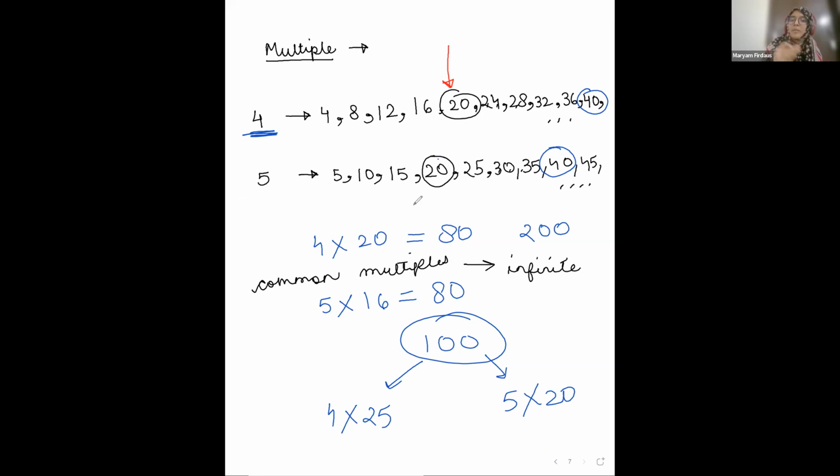That is known as the lowest common multiple or the LCM. So the LCM is the lowest or least common multiple, and that is 20 for 4 and 5. Is that clear?